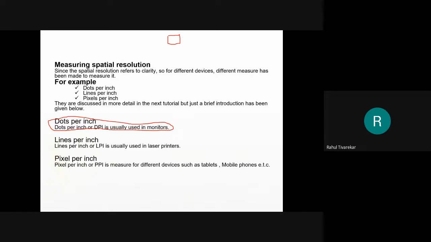And that's how the DPI, that's how the monitors use the unit for representation of the spatial resolution. So we see that the banner is printed with a DPI of this or this. The meaning of this is in a 1 inch by 1 inch size, you will have this many DPI.